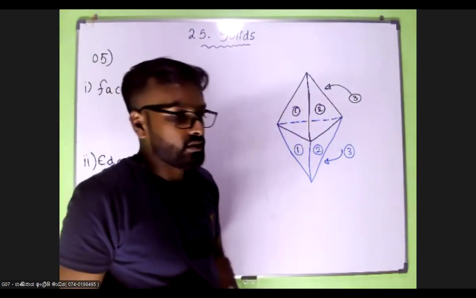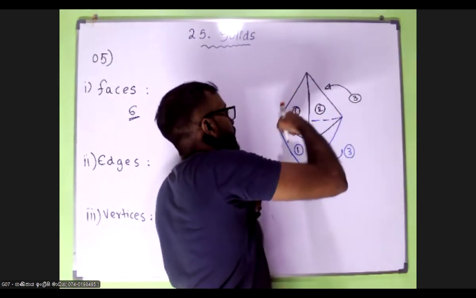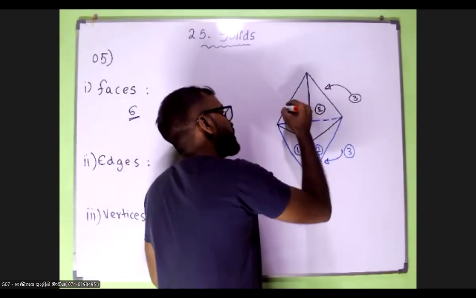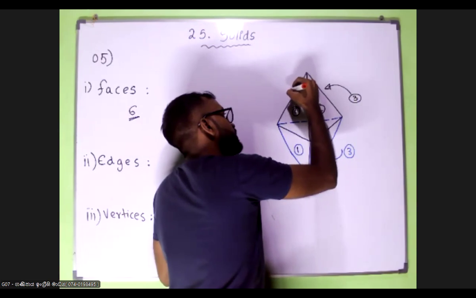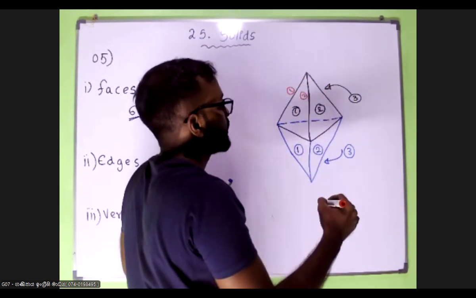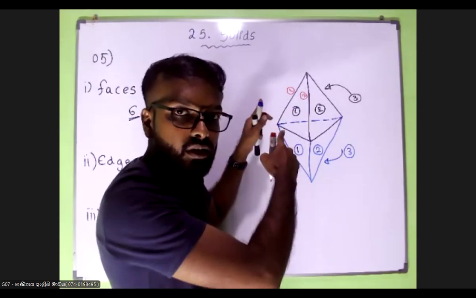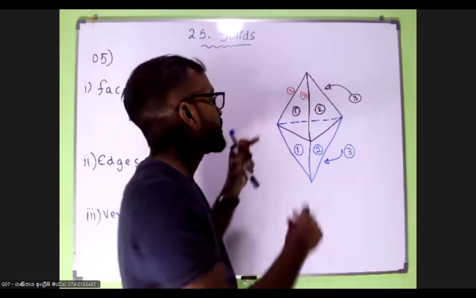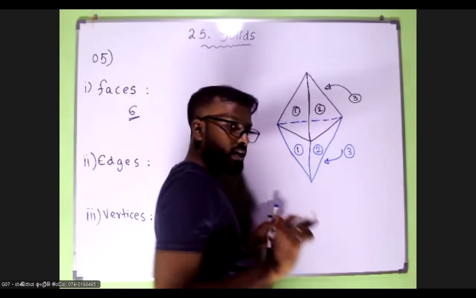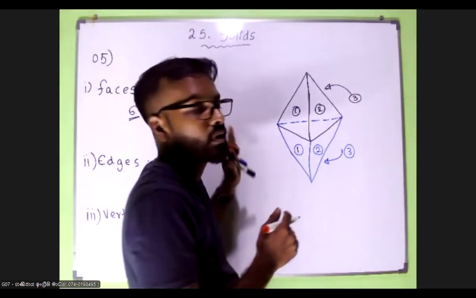So I will count the edges now. I will use my red pen to mark. In the topmost tetrahedron, how many edges are there? This is the first one, this is the second one. For your reference, I am going to number them like this, so you can understand.